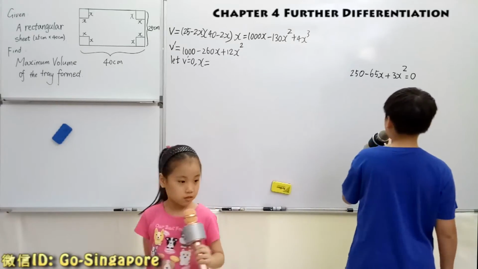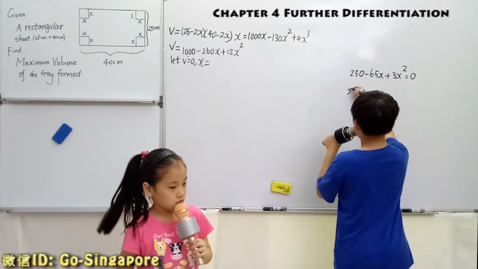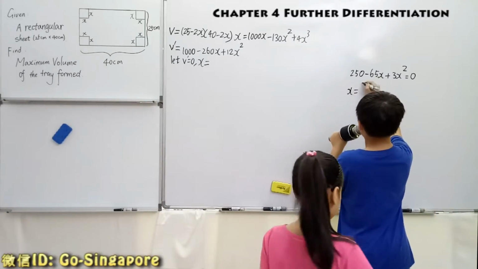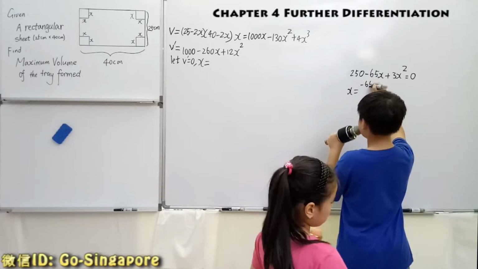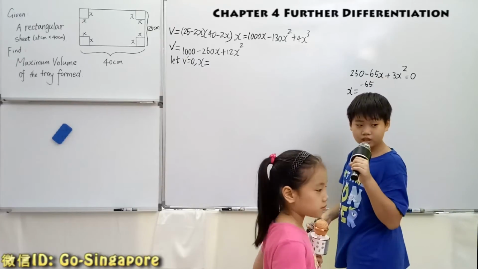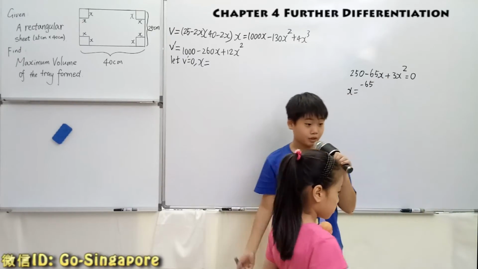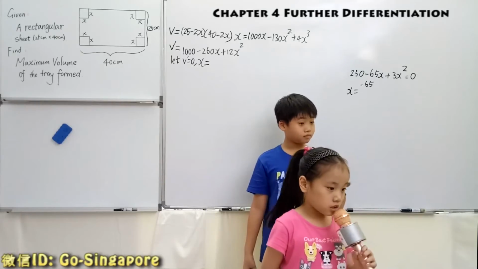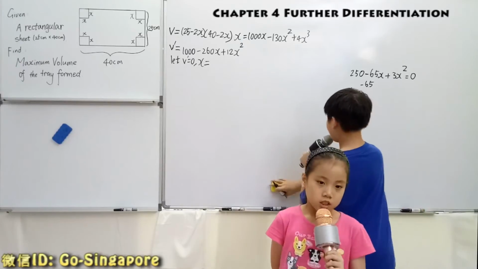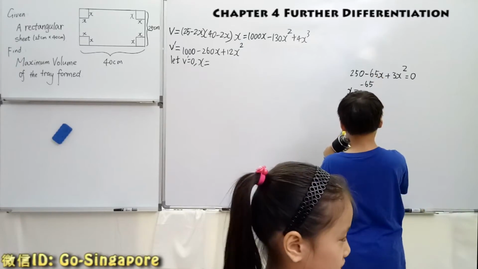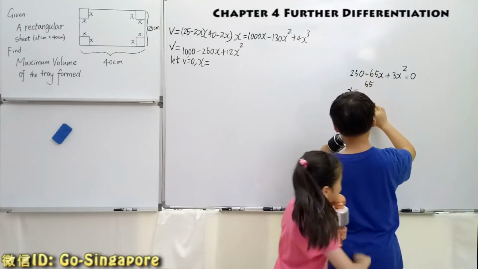Then for this x, first here is a negative 65. Is it negative or positive? Positive, because here is actually a negative, so this becomes positive, right?